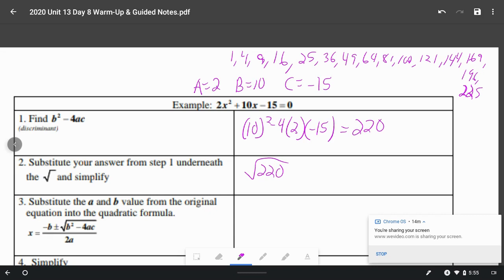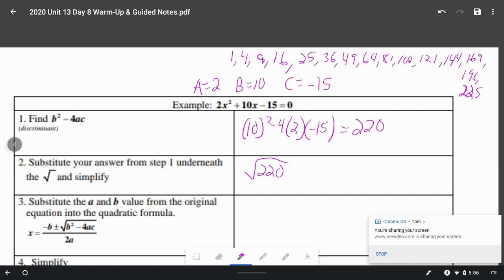If I start with 196, 220 divided by 196 is 1.12, that does not work. 220 divided by 169 gets me 1.3, that does not work. 220 divided by 144 gives me 1.52, does not work. 220 divided by 121, nope. 220 divided by 100, that's 2.2, that does not work. 220 divided by 81, does not work.